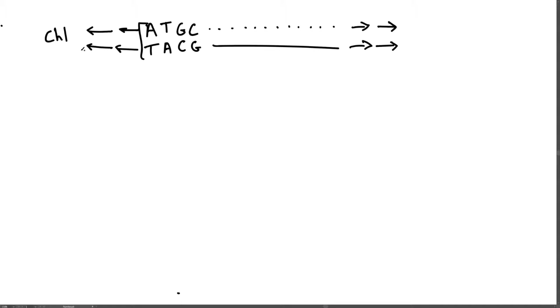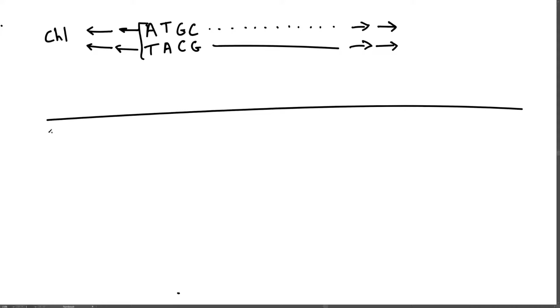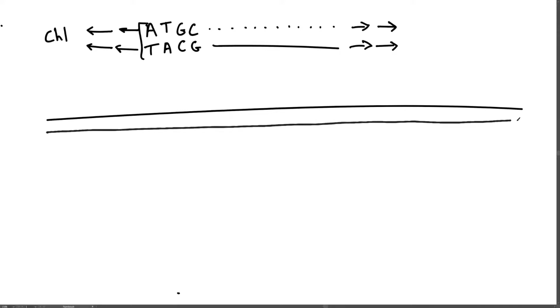So I'm going to draw it without using any letters. I'm just going to draw two strands. Here's a strand, and here's a strand. And this is the 5' end of the top strand and the 3' end of the top strand. And this is the 3' end of the bottom strand and the 5' end of the bottom strand.